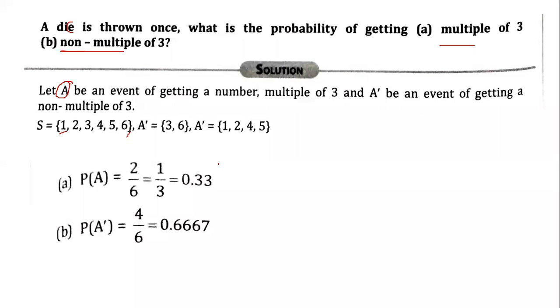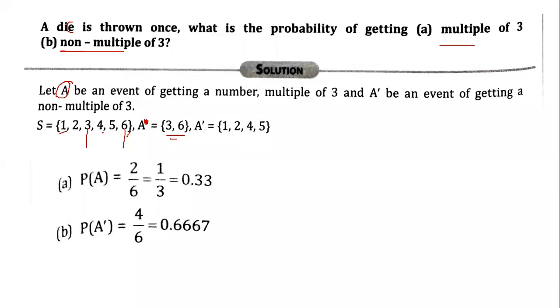Okay, now what is the first one? This is A, this is A dash. What is the first event? The first event is getting a number which is a multiple of 3. Now out of 1 to 6, 3 ones are 3, 3 twos are 6. These two are the numbers which are multiples of 3. Apart from this, all the rest of the numbers are non-multiples of 3.